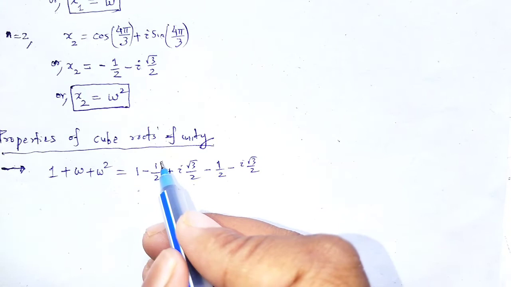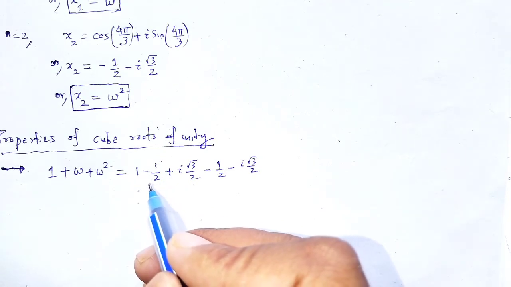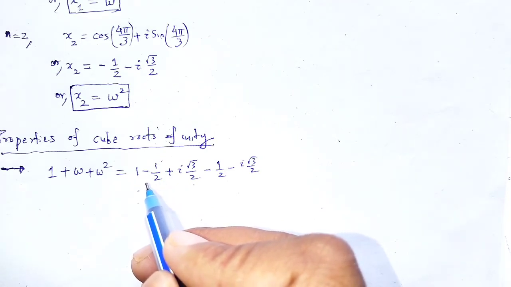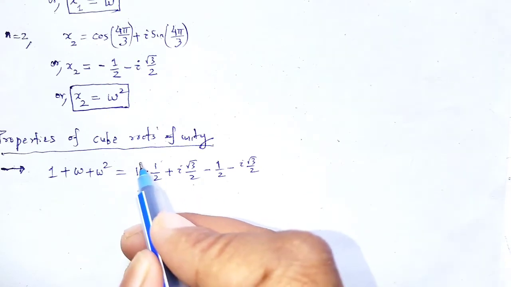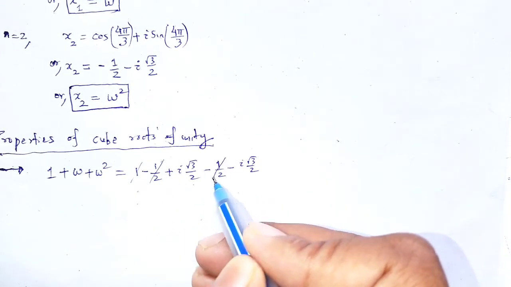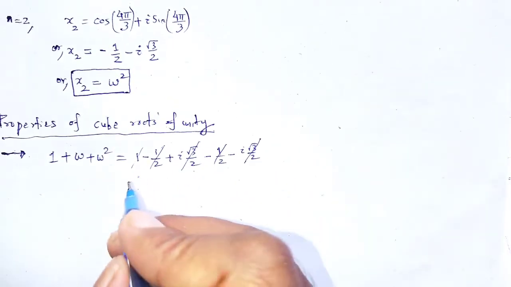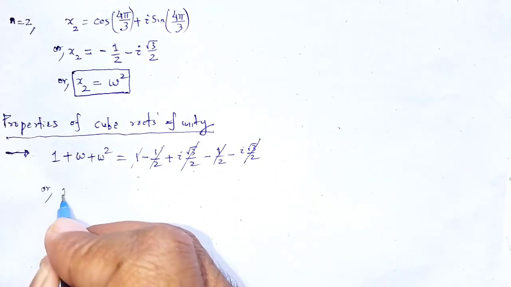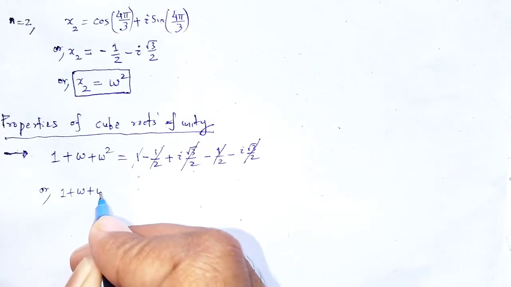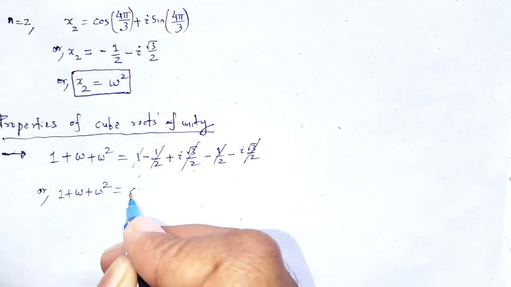So minus half and minus half, plus 1, cancel out. Next, plus I root 3 by 2 and minus I root 3 by 2 cancel out. So we have 1 plus omega plus omega square equal to 0.